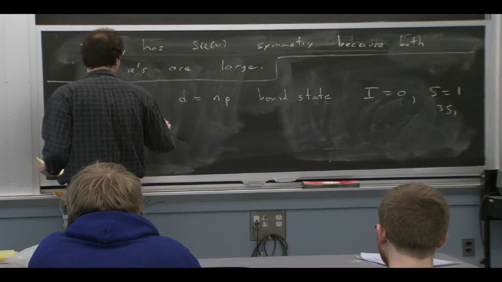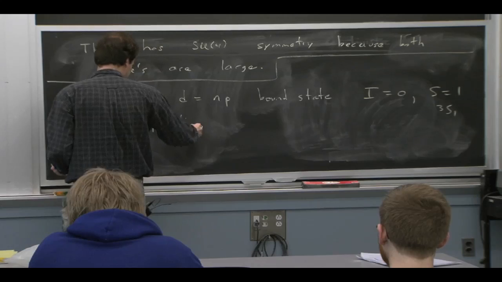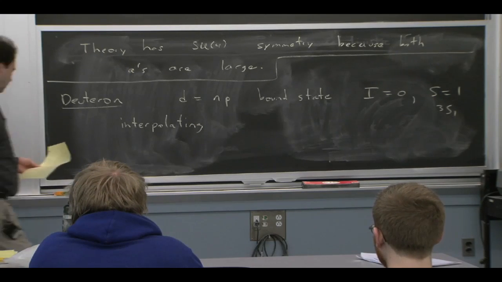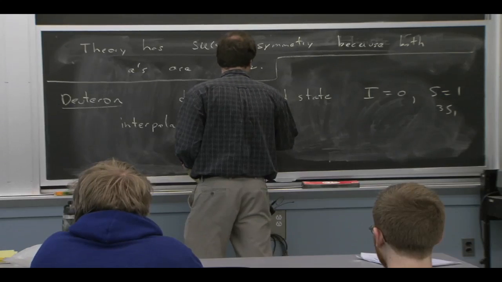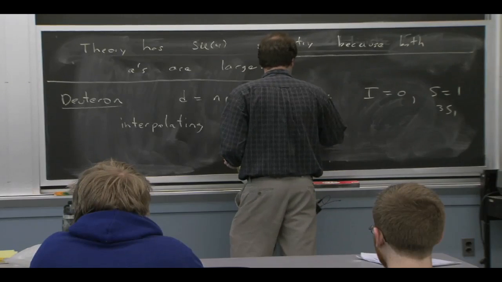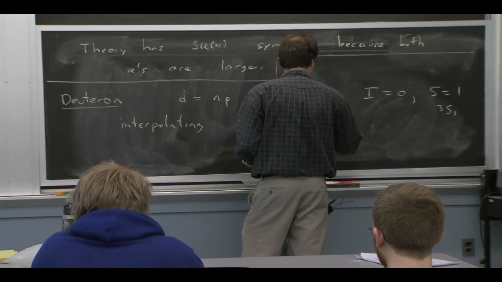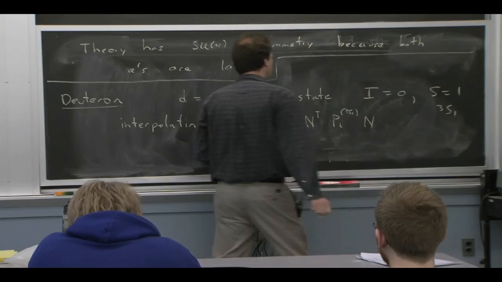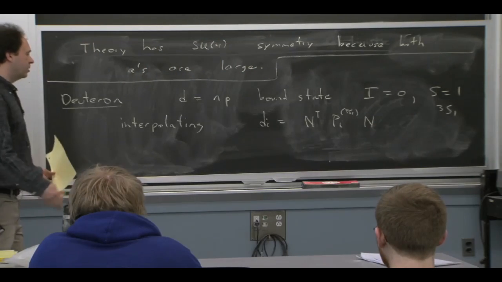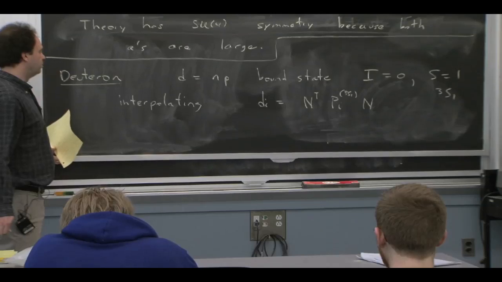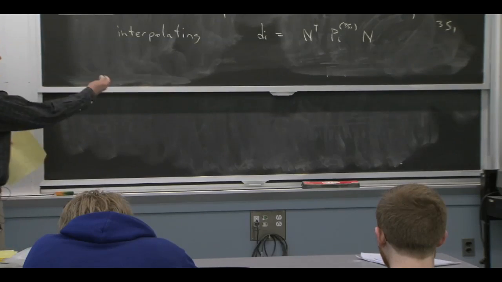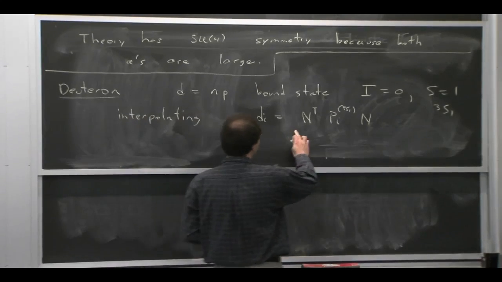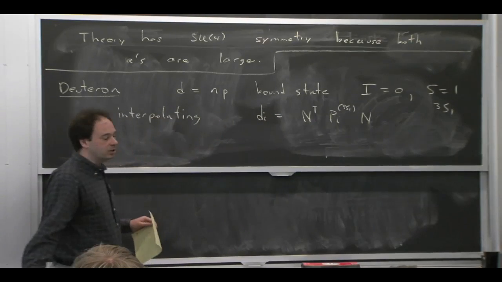And when you want to look for a bound state in field theory, if you may have heard of this from the lattice point of view, what you do is you write down some interpolating field that has overlap with that state. So what would that be for us? That would be this operator that we called pi 3S1, which had the quantum numbers for I equals 0 and S equals 1. And we can build an interpolating field out of our N transpose N. And actually, any interpolating field that we write down here is equally good.